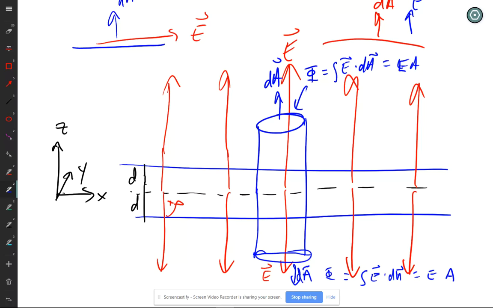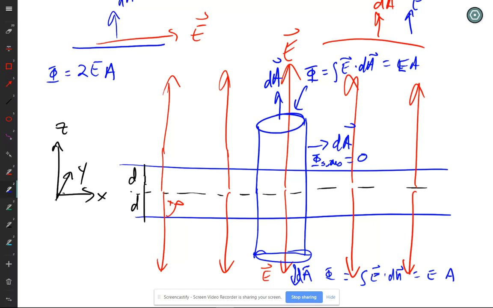So that's a 90-degree angle between dA and the electric field. So the flux on the side is 0. The reason I use the cylinder is because there's only one side. And so my total flux is equal to 2 times the electric field at height Z times the area.